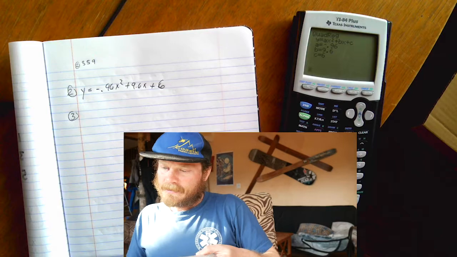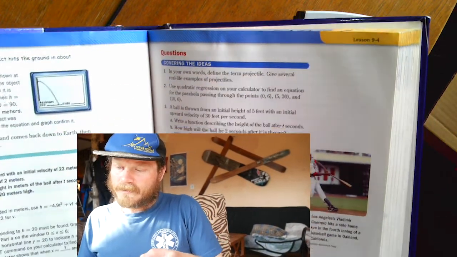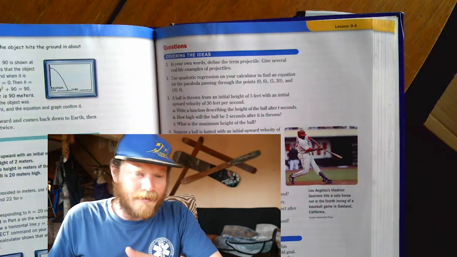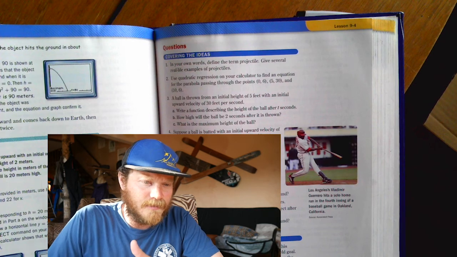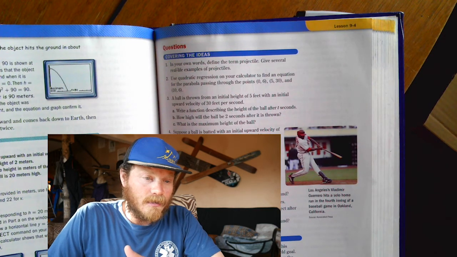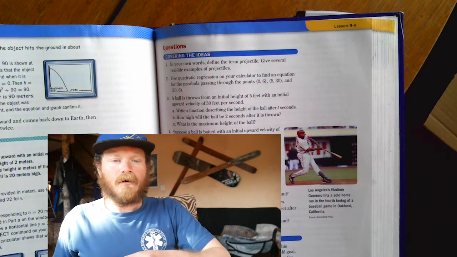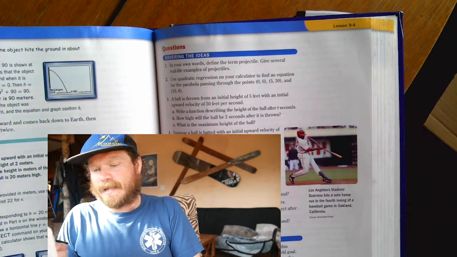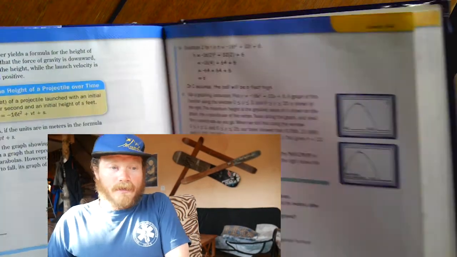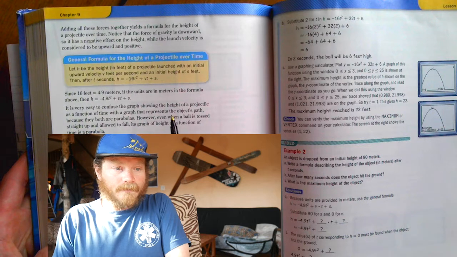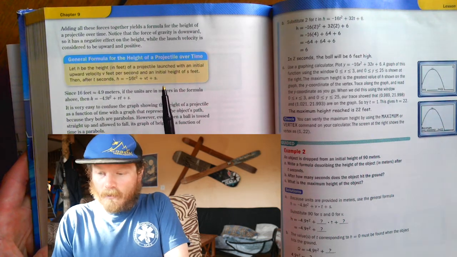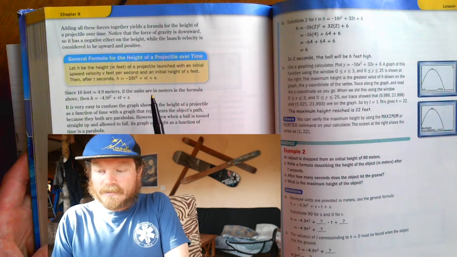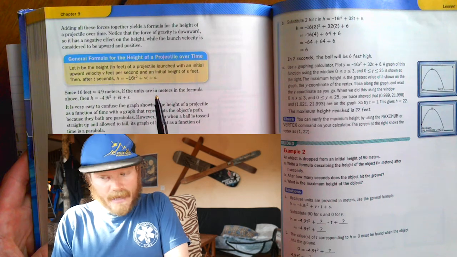So nice. 3. A ball is thrown from an initial height of 5 feet with an initial upward velocity of 30 feet per second. A. Write a function describing the height of the ball after t seconds. Oh my goodness, how will we ever do that? Oh, it's right here in the general formula for the height of a projectile over time: h equals negative 16t squared plus vt plus s.